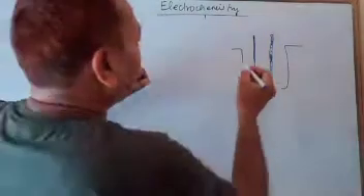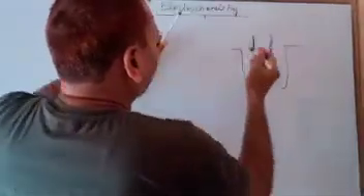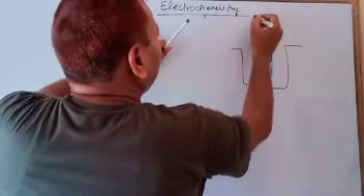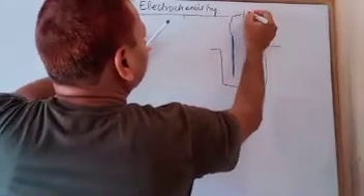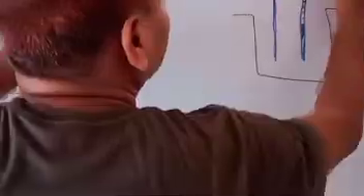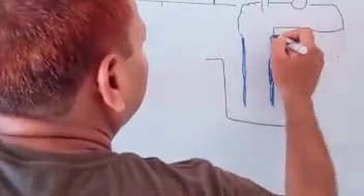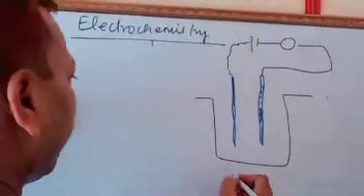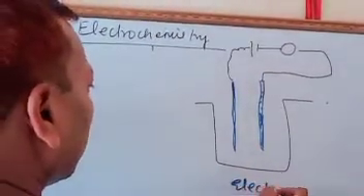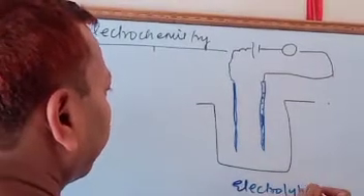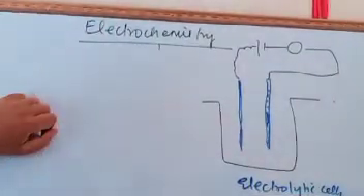Now, this metal rod is connected like this. So this is an example of an electrolytic cell.